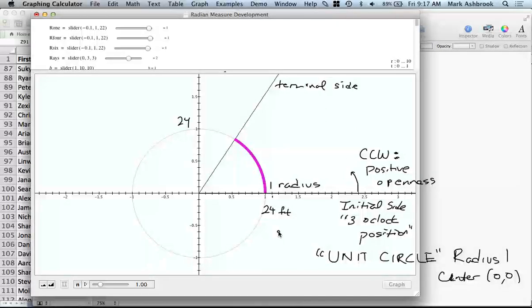So up here, this number right here, 0.5, is signifying what? 12, because it's half of a radius. So by 0.5, we're not saying 0.5 feet, we're saying 0.5 of a radius. So that would be our 12 feet. You see?